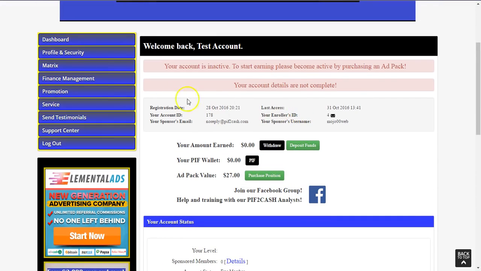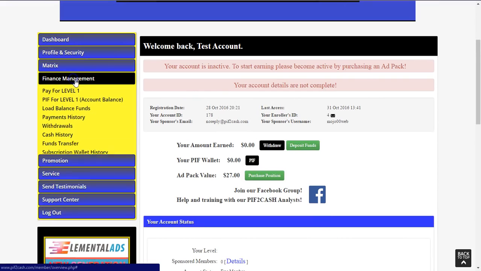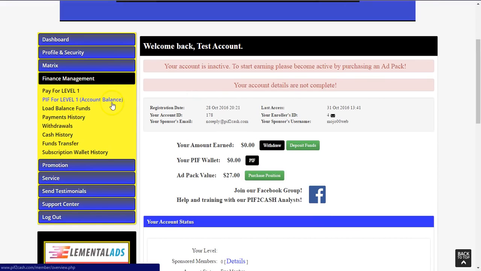Same process as when you PIF from your account balance. If you want to PIF somebody into PIF2CASH through your account balance, it will start with free members first, just like your PIF wallet. Always, always in place is our nobody left behind strategy.